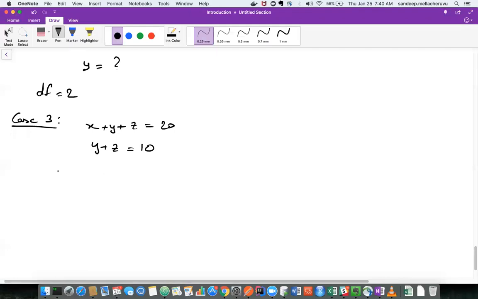Can you choose y? Y equal to 10. Can you choose z? Z equal to 10. Can you choose x? It is fixed. 0. But actually, can you choose z? If you have to follow these two conditions, are you following your conditions?